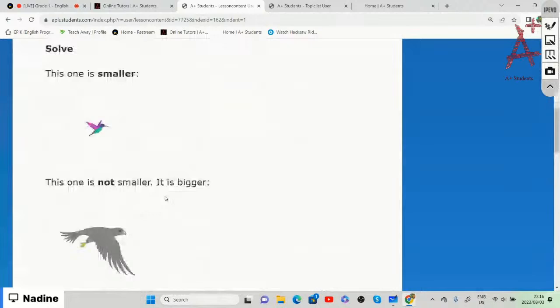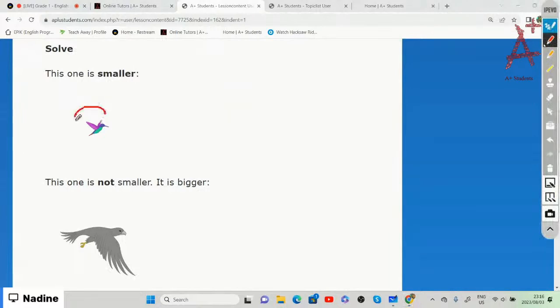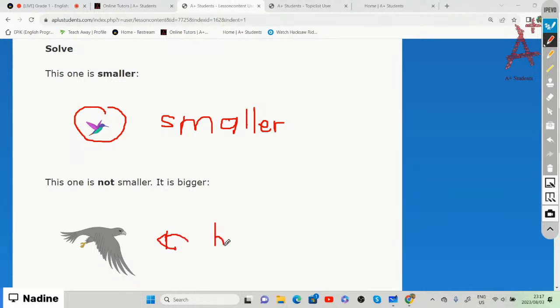If we look at the size of both of these birds, then we can say this one over here is smaller, and the bottom one is bigger. So we can say this top bird is smaller than the bottom bird, and the bottom bird is bigger.